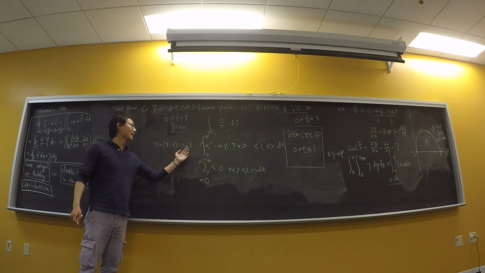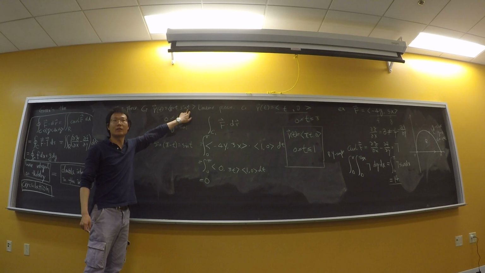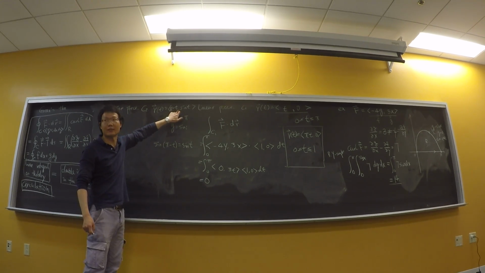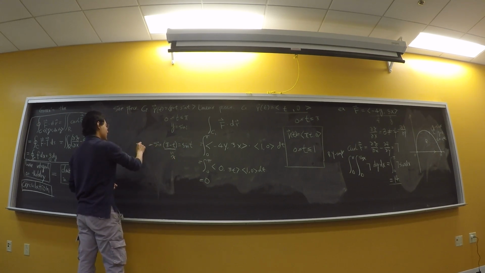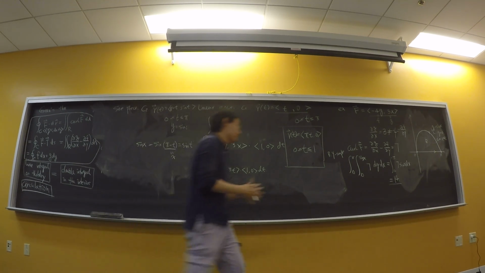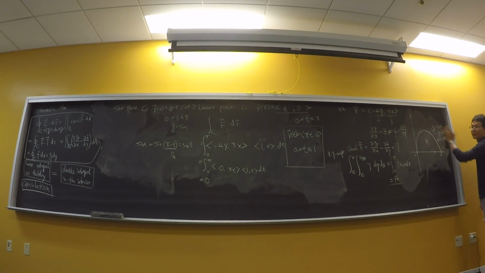So this sine t is still equal to sine of x, because x is equal to pi minus t. So not only can I preserve my orientation, but I also didn't change the curve at all.